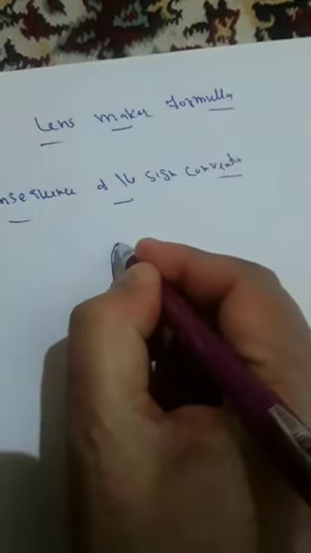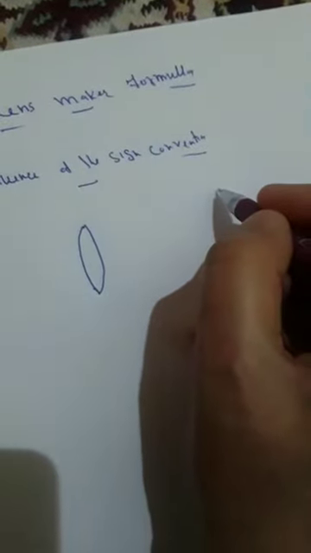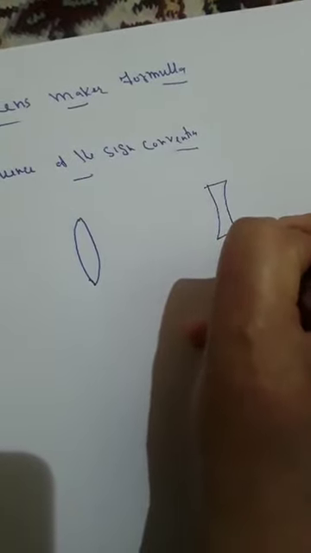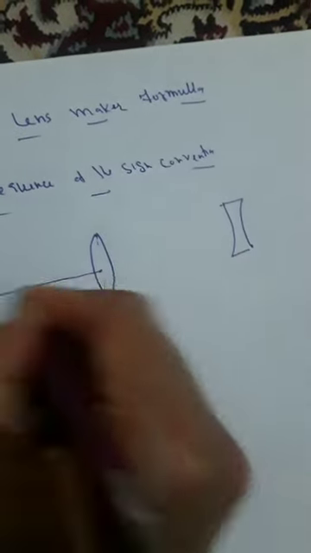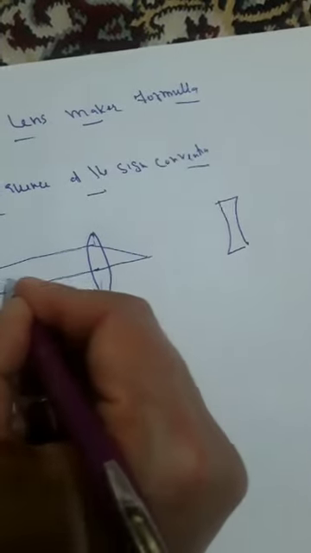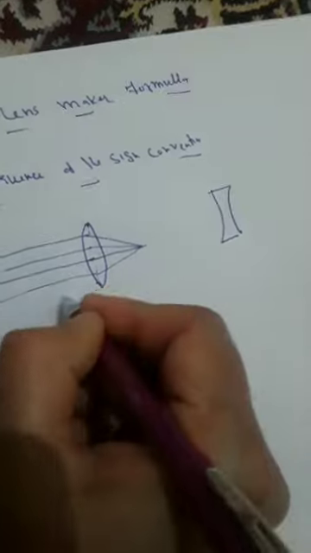You know that if you take a convex lens here and a concave lens here, this is the optical center. The ray of light is coming here. This is called the focal length.